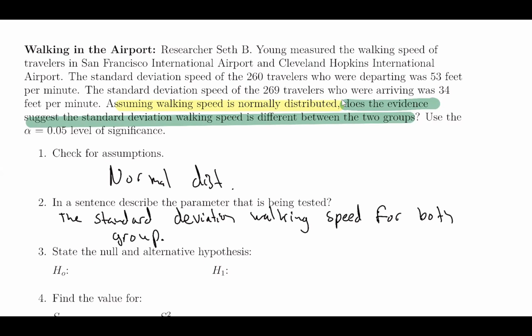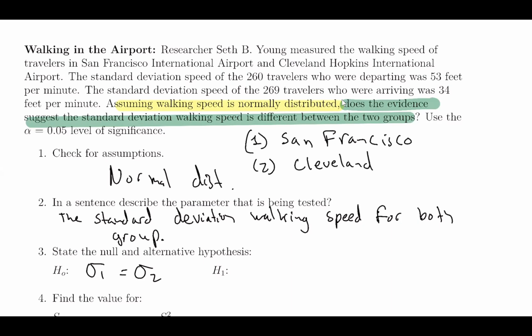So if you look at the null hypothesis, we put sigma 1 is equal to sigma 2. But for this one, we have to say who's sigma 1. So for sigma 1 or population 1, we're going to say these are people in San Francisco. So for population 2, we're going to say these are people in Cleveland.